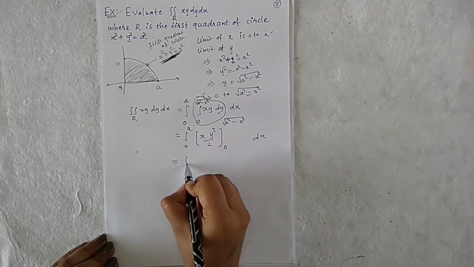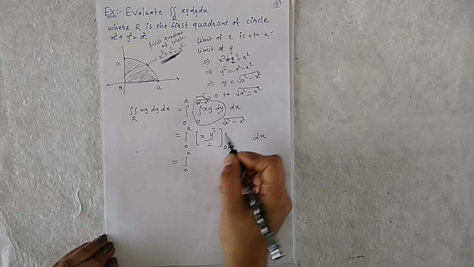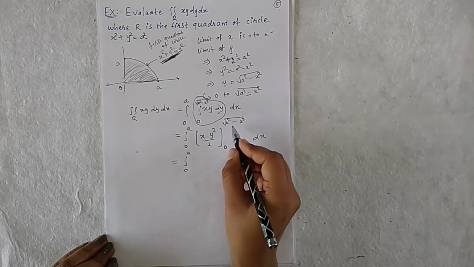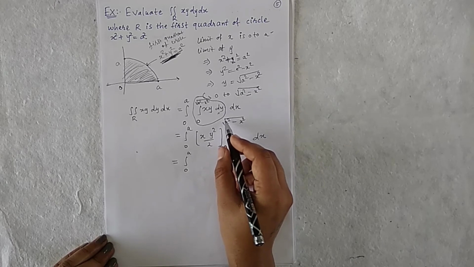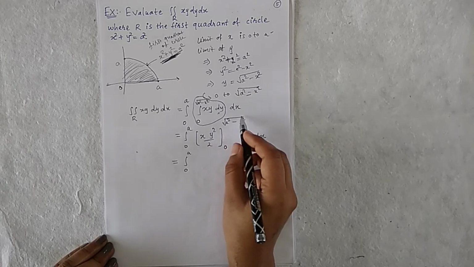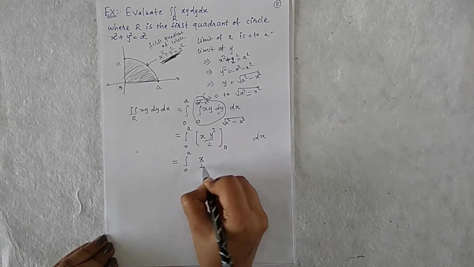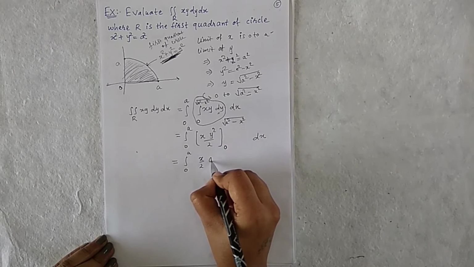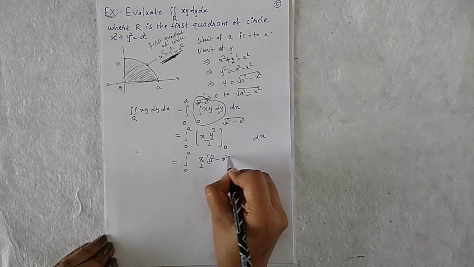So it is equal to the integration from 0 to a, put y equal to square root of a square minus x square. Here also the square and square root cancel, so x by 2 is constant and putting y equal to this, it becomes a square minus x square only.